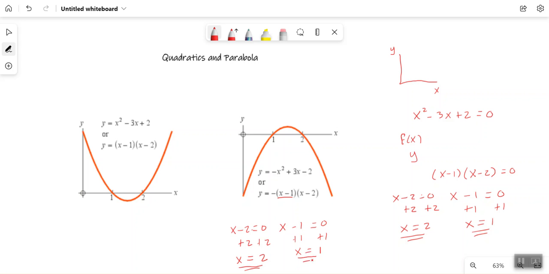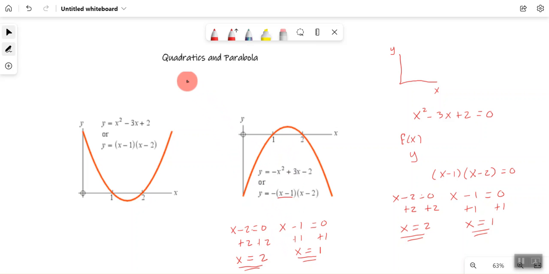If we take this parabola here, the particular shape for this quadratic, we can see that here is where it cuts the x-axis, when y is equal to 0, and the roots are 1 and 2, just like what we worked out.